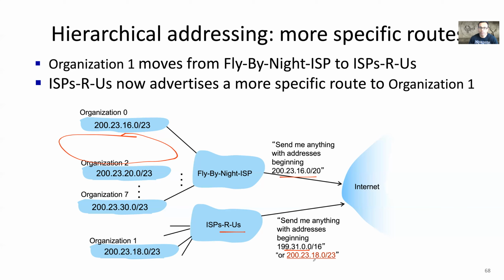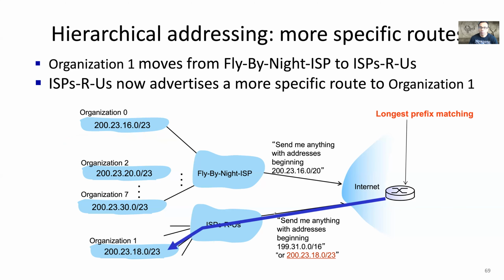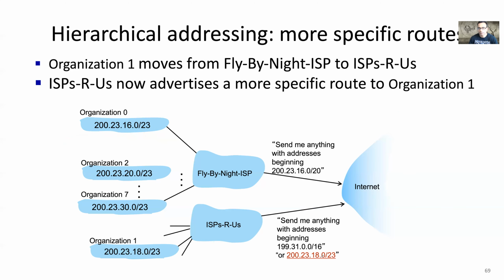What this ISP can now do, in addition to that, is start advertising this organization's one block, which was originally part of this. So you might wonder how this will work, right? Because this address was originally part of this larger address, but now we have taken it out and started advertising it through this path. So is this going to create a problem?